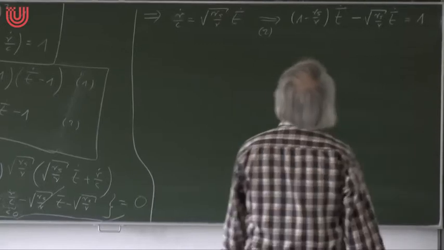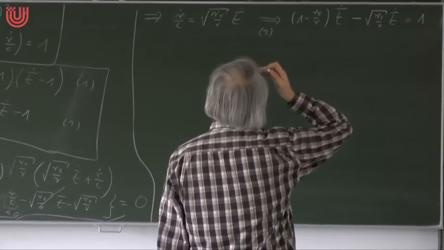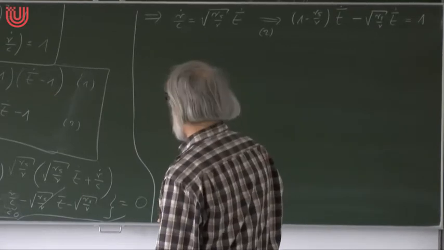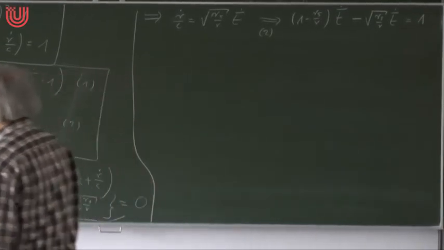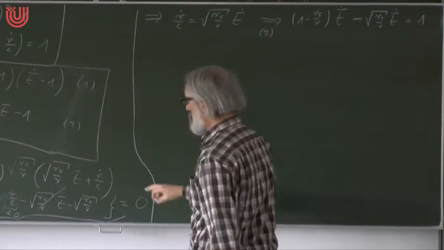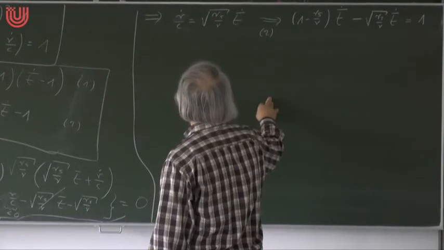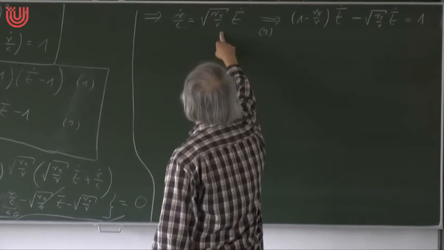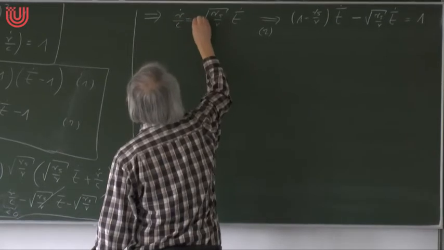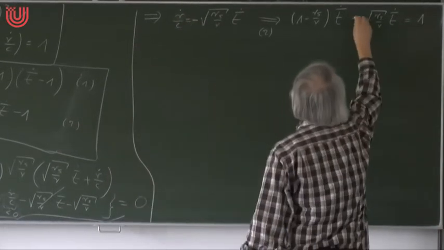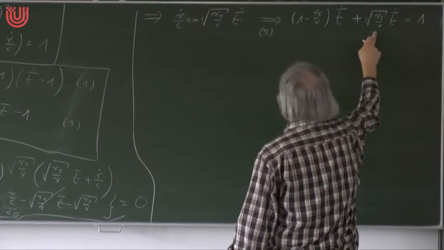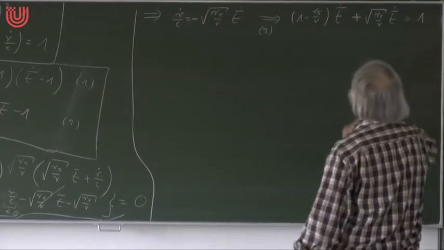What has happened now? There's something wrong. Is there a minus missing on the first line? Yes, there's a minus, thank you. But I think this won't help. Then I have a plus here, but why do I have here rs over r and here a root? I was hoping that these two terms cancel.